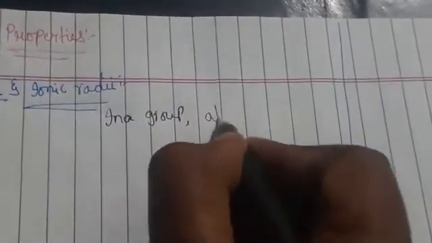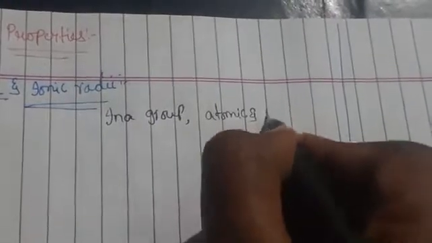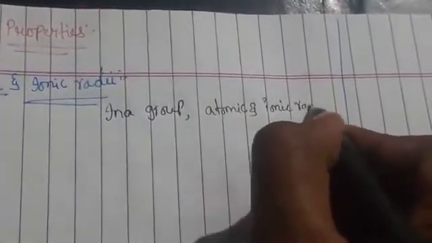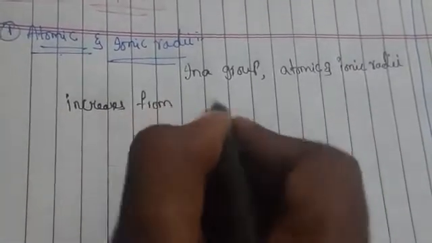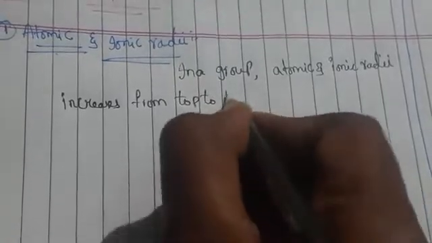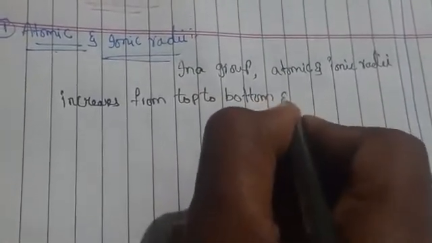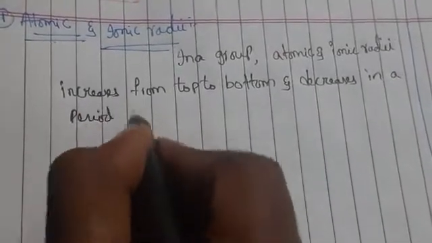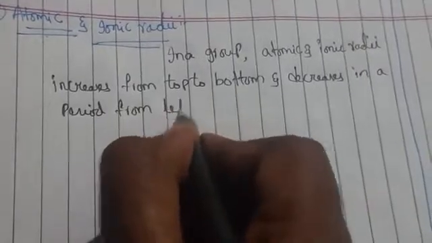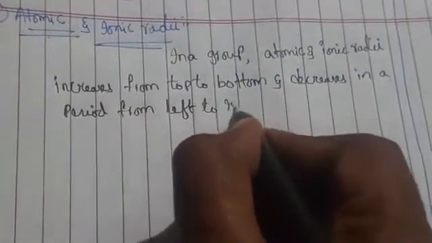Atomic and ionic radii in a group increase from top to bottom and decrease in a period from left to right.